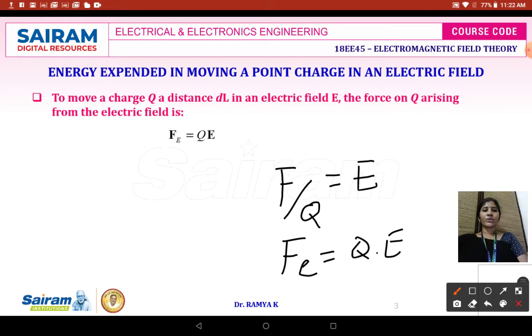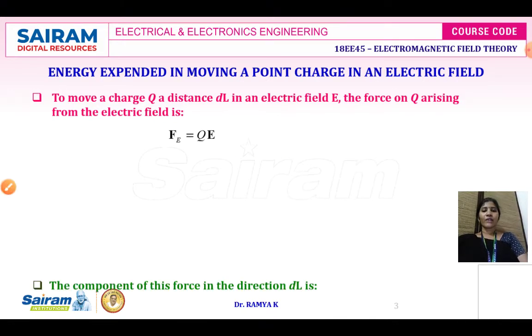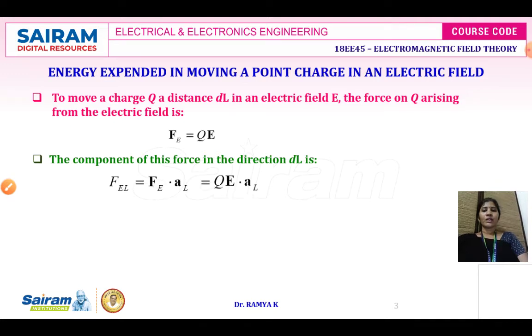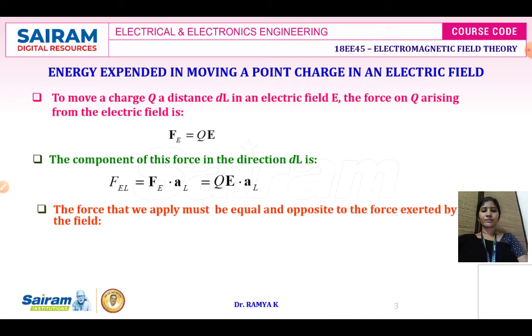If I want to apply an equal and opposite force, then F = -QE. The component of this force in the direction of dl is Fe_l = Fe · a_l = Q E · a_l, where a_l is the unit vector in the direction of the distance vector dl.